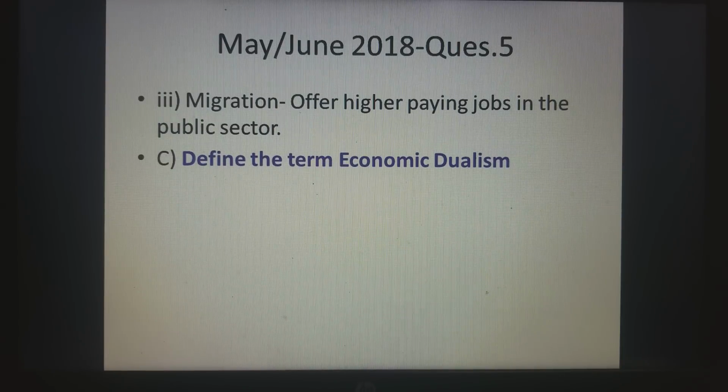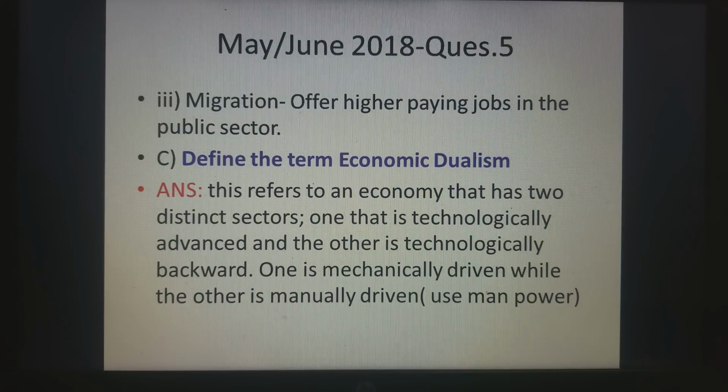Section D of question 5 says, define the term economic dualism. This is a very important concept in business and in many countries, especially Caribbean countries. Well, what is economic dualism? This refers to an economy that has two distinct sectors.